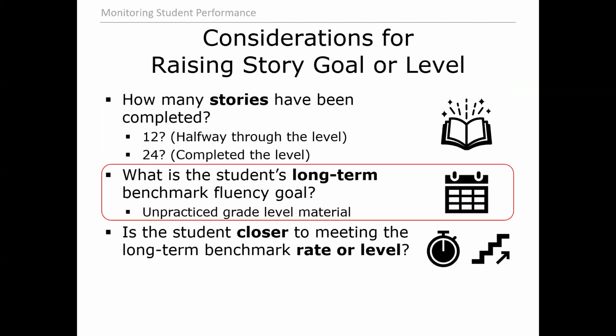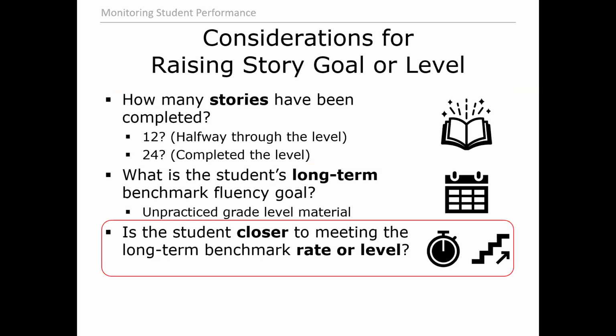The other thing we're considering, as I mentioned before, is the student's long-term fluency benchmark goal, so unpracticed grade level material, 50th percentile. And then what we're going to do is ask ourselves a question on whether or not the student is closer to reading at the appropriate rate or the appropriate level. Which is he closer to? So it's kind of comparing apples to oranges a little bit, but you'll get the sense of how to do it.